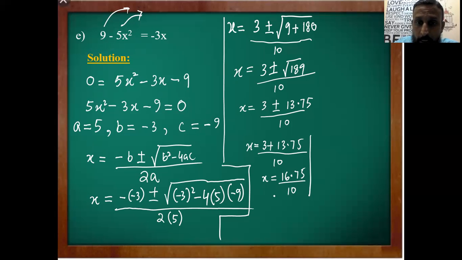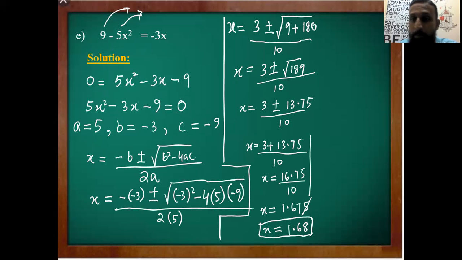So dear students, our final answer is 1.675. We may round off the last number and correct it to two decimal places as 1.68. This is corrected to two decimal places.